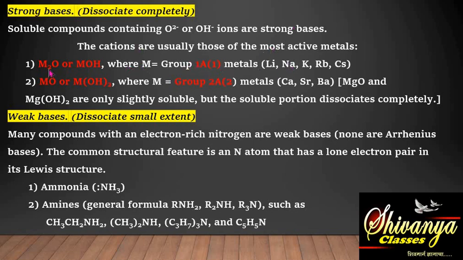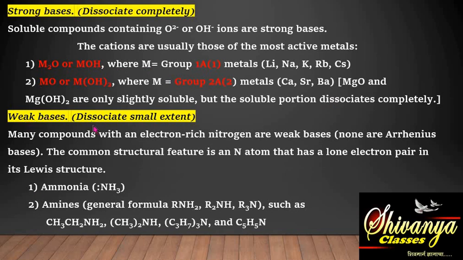The examples are Li2O, Na2O, K2O, Rb2O, Cs2O, or LiOH, NaOH. NaOH is commonly known as a strong base. Second is MO or M(OH)2, where M is a group 2A metal like calcium, strontium, barium. MgO and Mg(OH)2 are only slightly soluble, but the soluble portion dissociates completely.